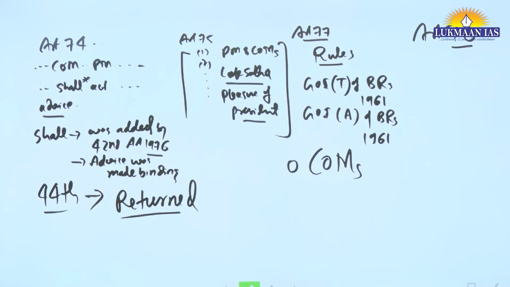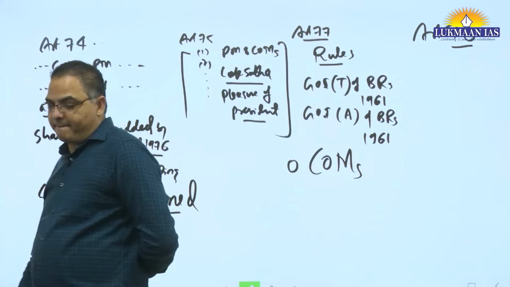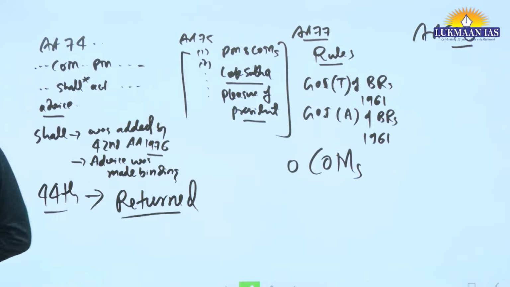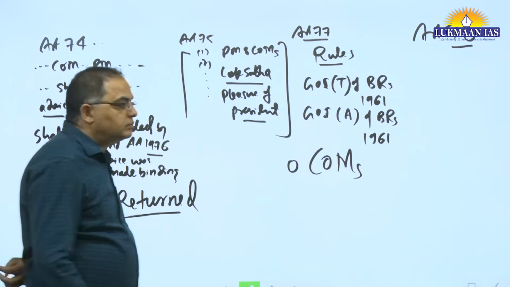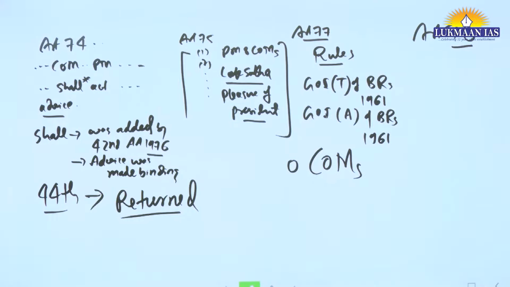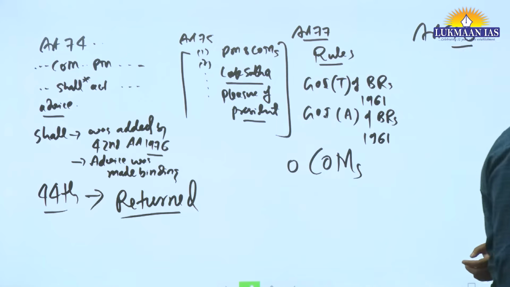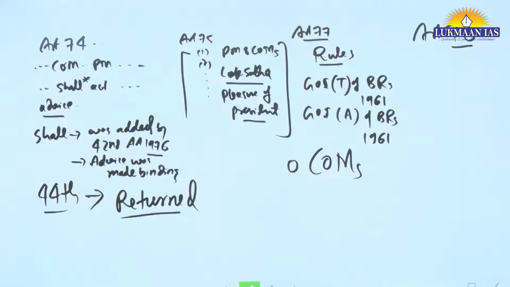By the 44th Amendment Act, it was introduced that the President can return the advice once for reconsideration.